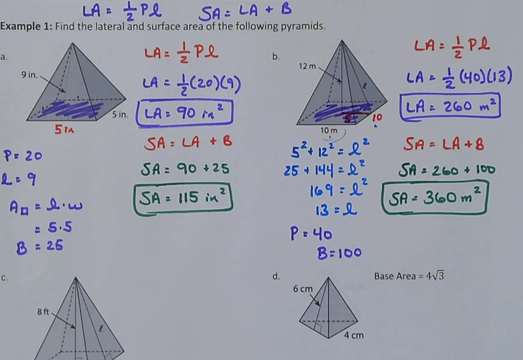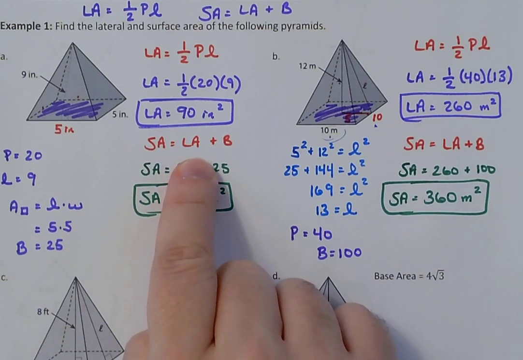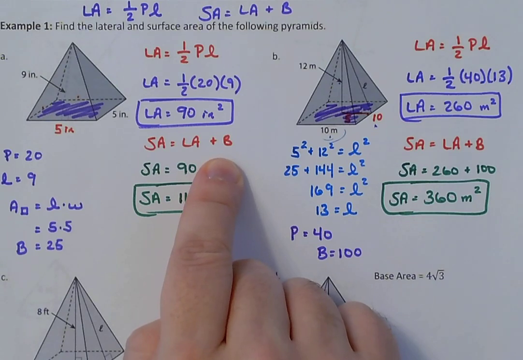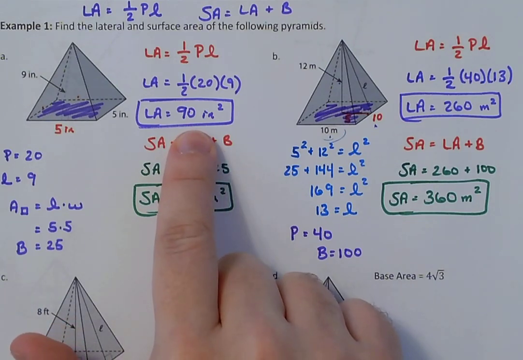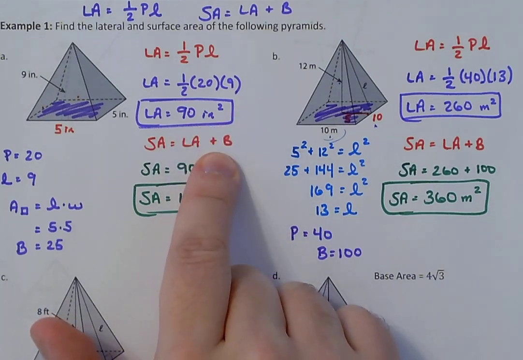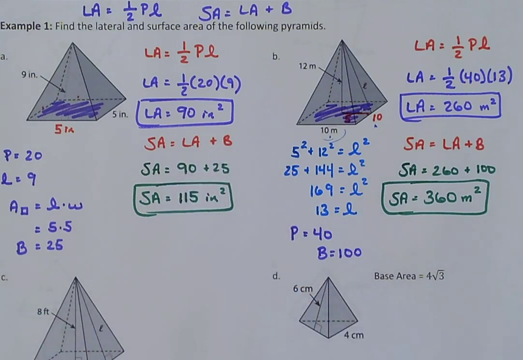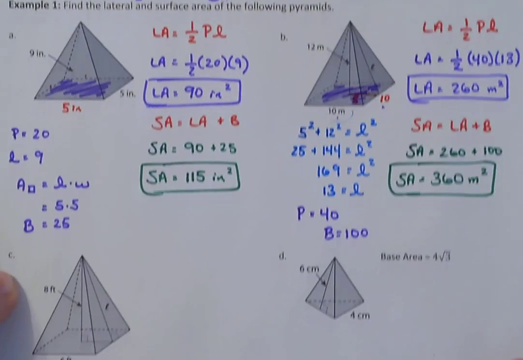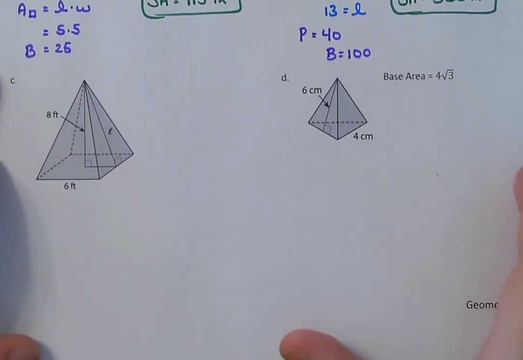Once you have your lateral area, to find surface area, it's lateral area plus the area of the base. So we already know lateral area, so you just have to figure out the area of the base, and then add those two numbers together to give you your surface area. All right, so that is a couple examples on lateral and surface area of pyramids.